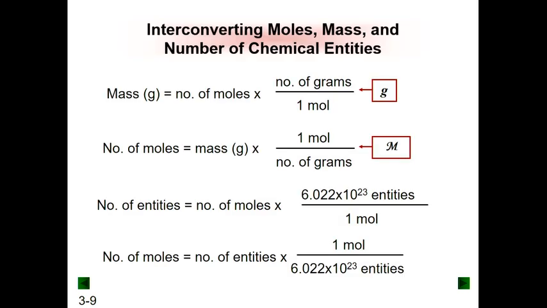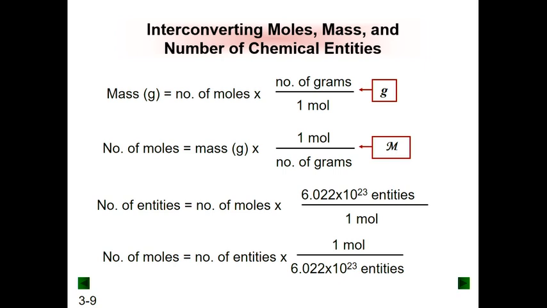It's really simple. You can convert moles to grams just using the molar mass. You can convert the mass into moles also using the molar mass. You can also combine the Avogadro's number with the moles. Having the moles, you can transform that into entities using the Avogadro's number, or you can have the entities and then transform that into moles. But you don't need to memorize this at all.